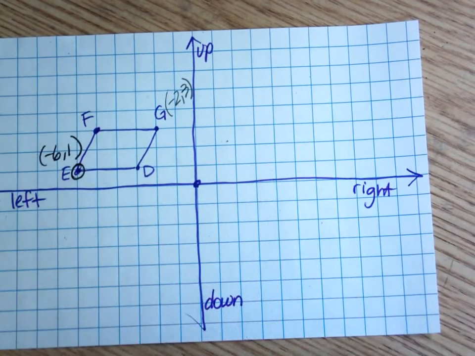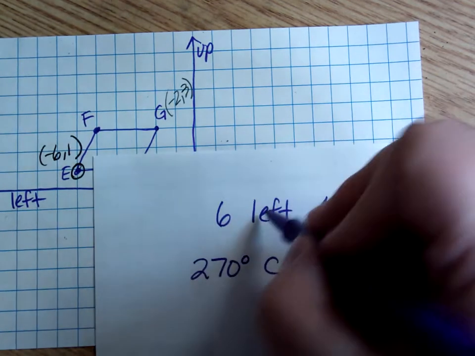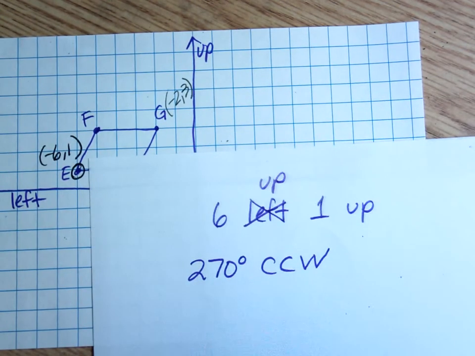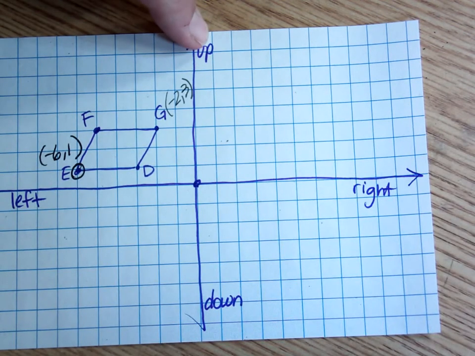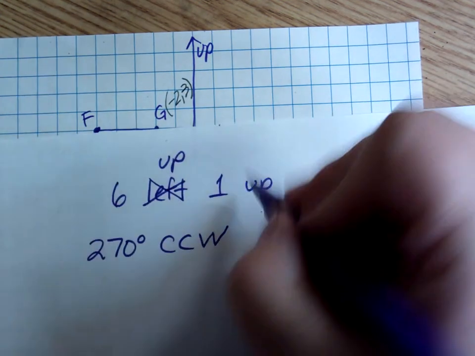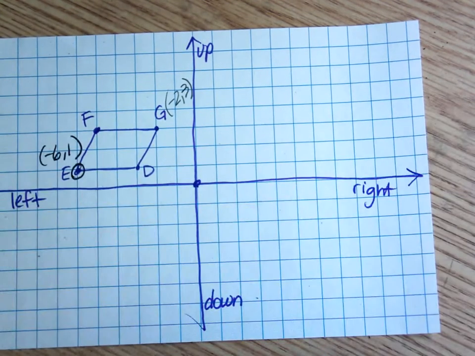If I go 270 from left, that's 90, 180, 270. Left turns into up if I rotate 270. What about up? Well, here's up where it starts, 90, 180, 270. Up is going to turn into right when I rotate 270, which is the same thing as 3/4 of a turn.